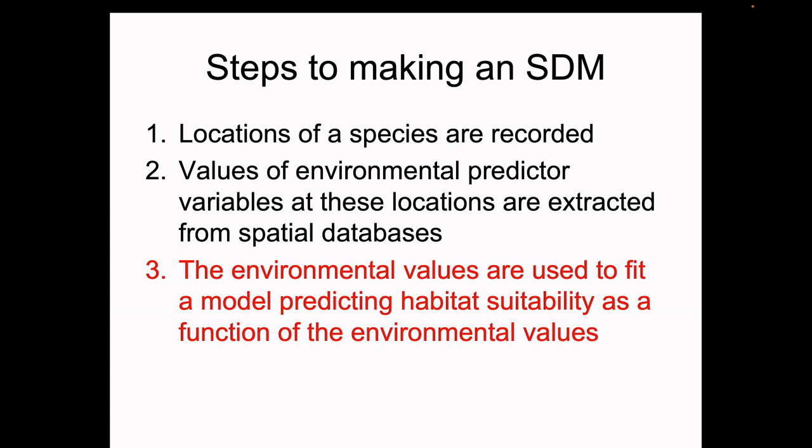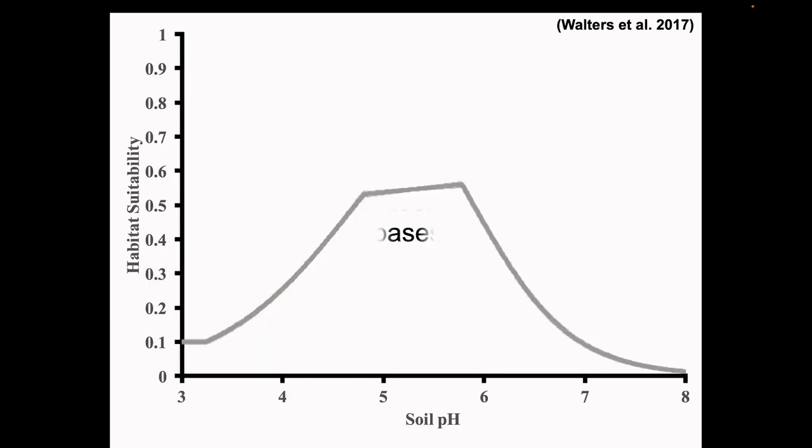So, for instance, here's an equation generated by species distribution modeling software. On the x-axis here, you see soil pH, the acidity of the soil. On the y-axis here, you see habitat suitability for a species. And what you see here, this line is actually an equation.